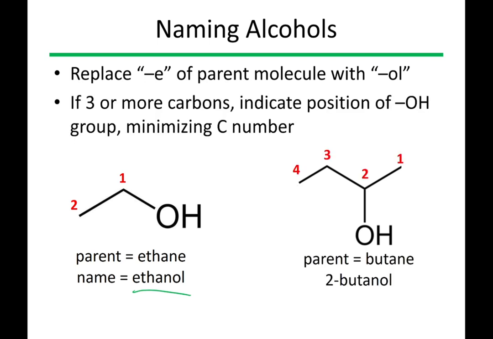Since there are multiples, we want to minimize the position of the OH group. So if we start on this side, that gives us the OH at 2. And then we can name the position. So in this case, this would be 2 for the position of the alcohol group. And then instead of butane, we replace the E and make it -ol. So we end up with 2-butanol.